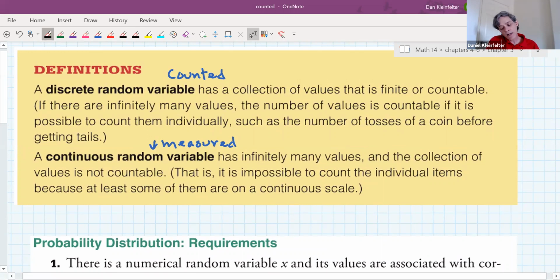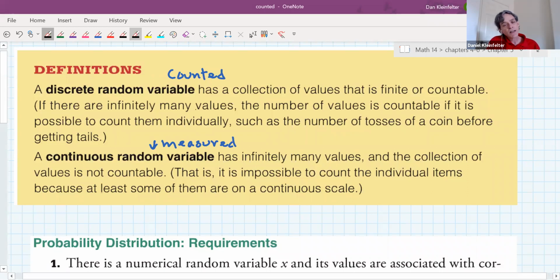A discrete random variable has a collection of values that is finite or countable. If there are infinitely many values, the number of values is countable if it is possible to count them individually, such as the number of tosses of a coin before getting tails. These two descriptions, by the way, are taken from our textbook, and for most students they come across as confusing, which is why I recommend thinking of it instead of the way the book is describing it.